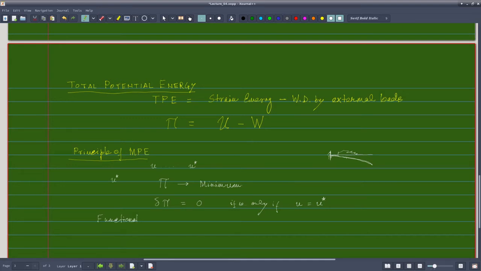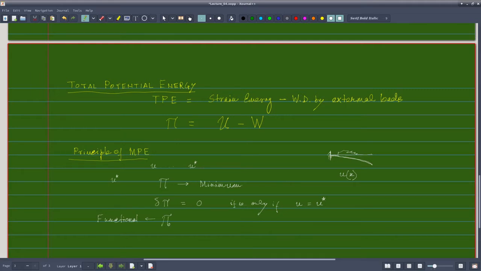Since I know that displacement is a function of the spatial dimension, because this is a one-dimensional structure, u is a function of x, and the strain energy is a function of u, so the potential energy is a function of u. That's why this potential energy is actually a functional.